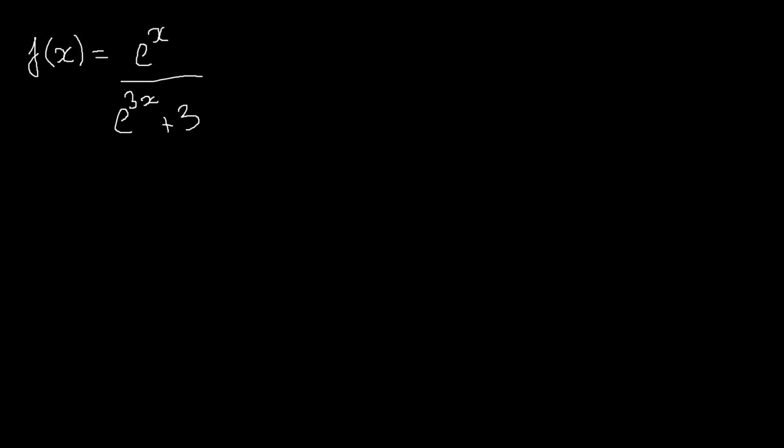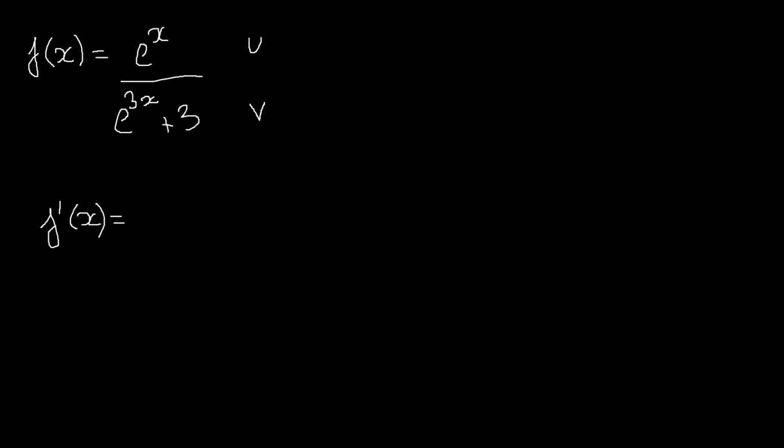We want to differentiate f of x. So f prime of x is equal to, first, e to the x is u and e to the 3x plus 3 is v.